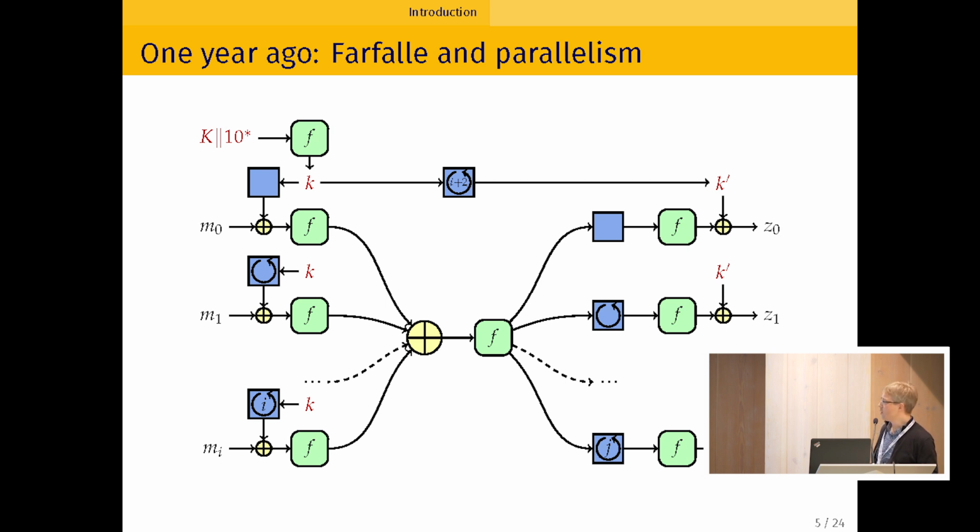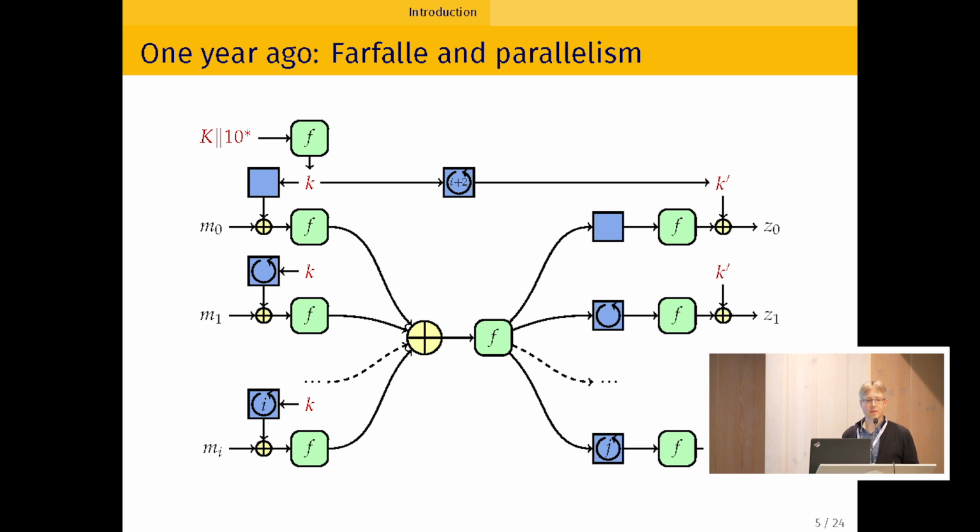So you can see that all these calls to the permutation can be parallelized. Then the sum goes through another call to the permutation, and then the output is again going through a rolling function to be diversified, and we XOR the secret mask, and this gives us output blocks. So again, the output can also be parallelized.